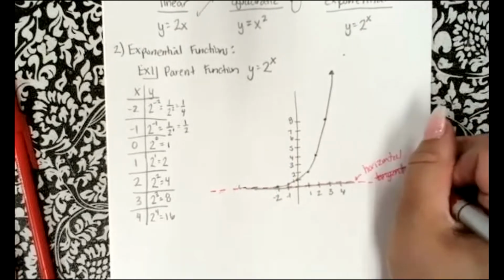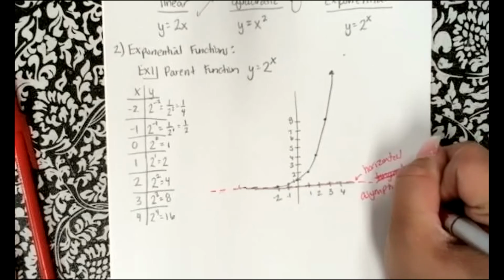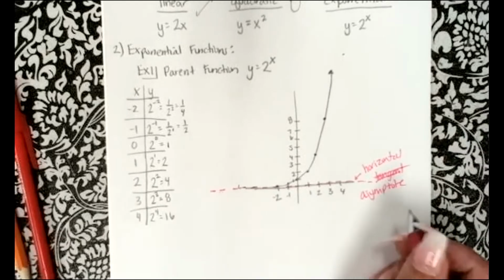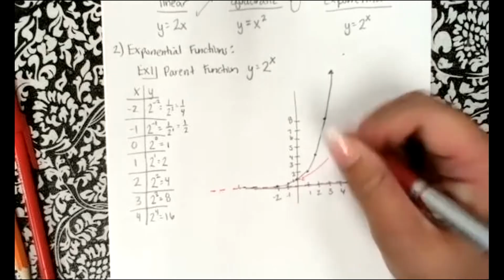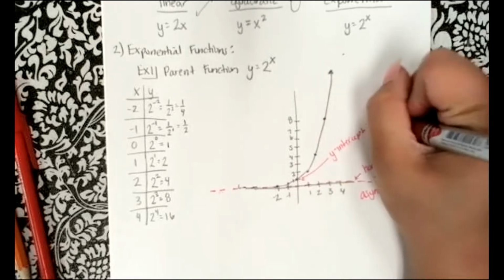Or asymptote, sorry, asymptote. That's a horizontal asymptote. Another key point is the y-intercept. The y-intercept is going to be (0, 1).